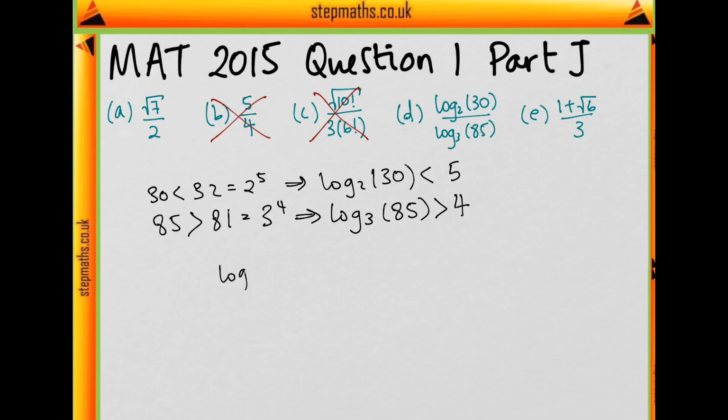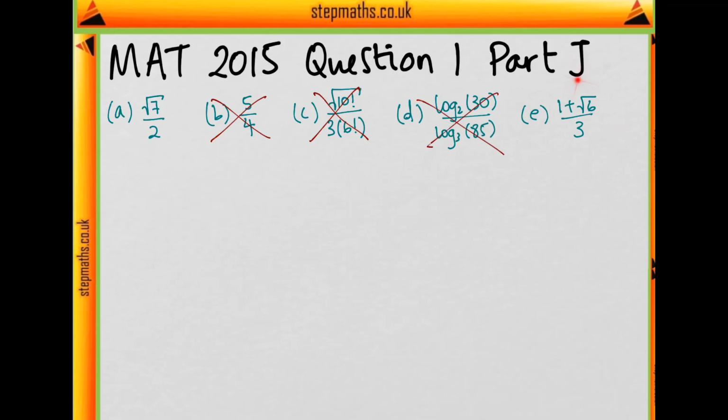Therefore, for log base 2 of 30 over log base 3 of 85, we have on the top something that is less than 5, and on the bottom something that is bigger than 4. So overall, we're going to have something that is smaller than 5 over 4. And so D is actually less than 5 over 4, and so it can't be the biggest either.